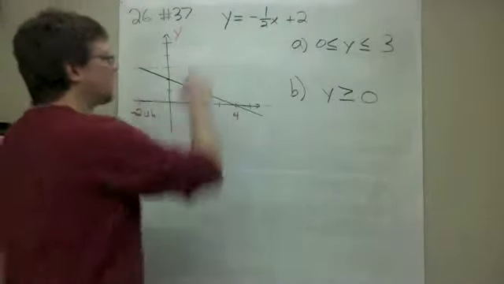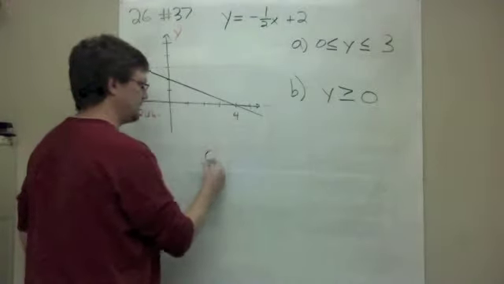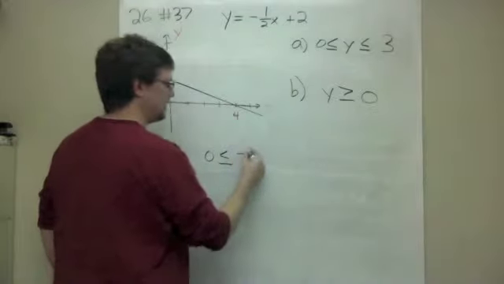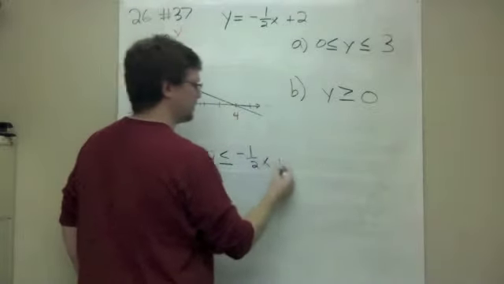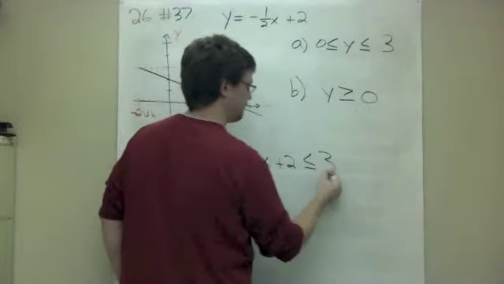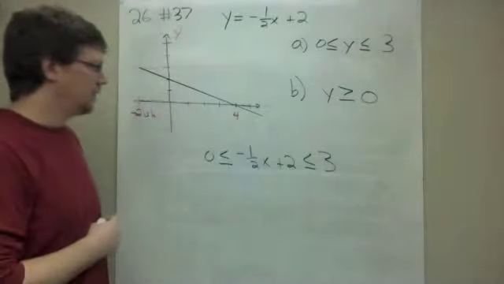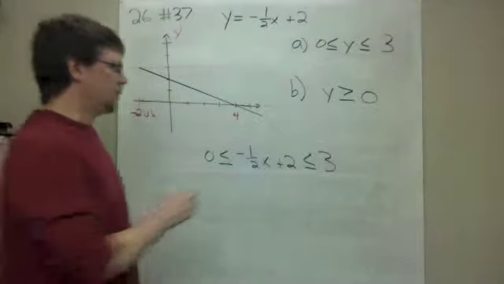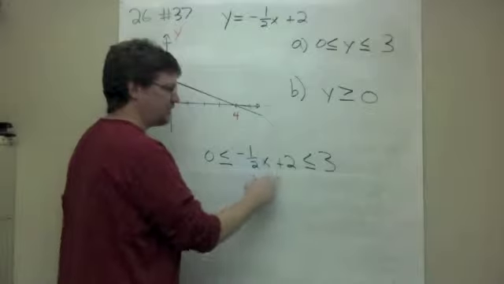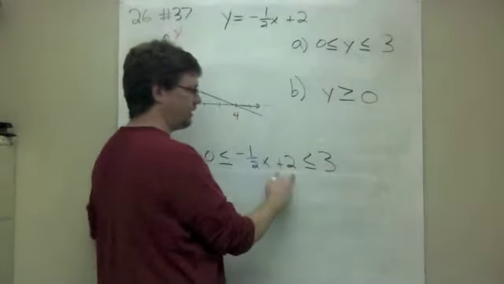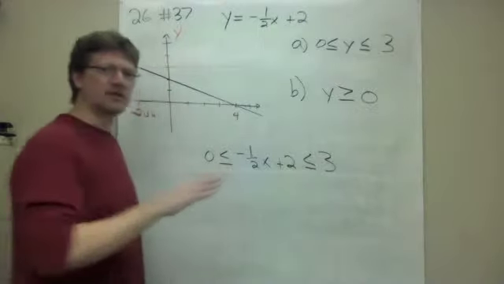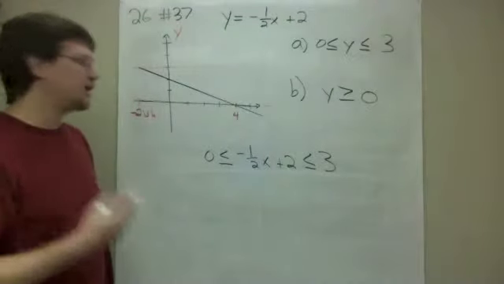So our problem is 0 is less than or equal to our y, which is -1/2 x plus 2, is less than or equal to 3. Now I have addition and multiplication, so if I subtract 2, that simplifies this, but to do that I need to subtract it from everywhere to make sure that we're still looking for the same things.